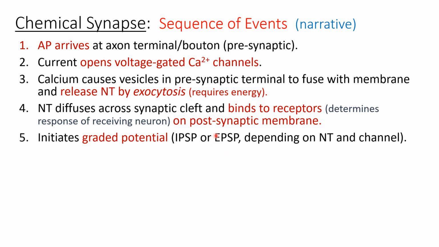If it's excitatory, it's causing depolarization, an excitatory postsynaptic potential. Or if, say, it's letting chloride in, that makes the voltage more negative, less likely to trigger an action potential, an inhibitory postsynaptic potential. It depends on the neurotransmitter. We talked about that in class last night. It depends on the kind of channel, what the ion is that's moving across that membrane.